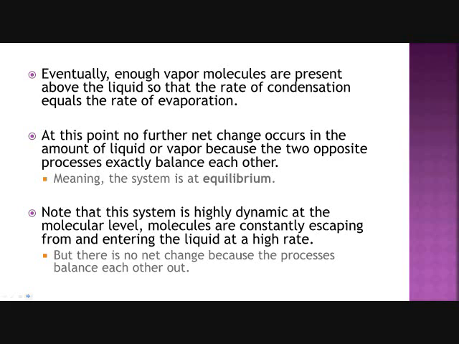When it's said to be at equilibrium, the system is highly dynamic, meaning even though we can't tell there's change happening, at the molecular level there is change happening. There's constant turnover from liquid to gas and gas back to liquid, but there's no net change, so for us it looks like it's stopped. But if we could look in at the molecular level, we'd see that there's a lot happening.